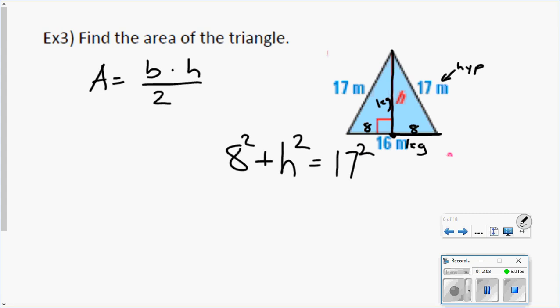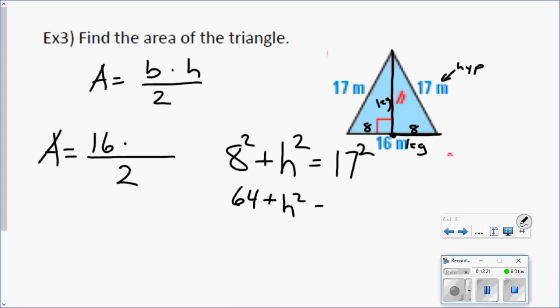And once we find h, we can plug it into the formula, because we already have the base of this triangle, the whole thing, 16. We're just missing that piece right there. So we're finding it right here, 64.